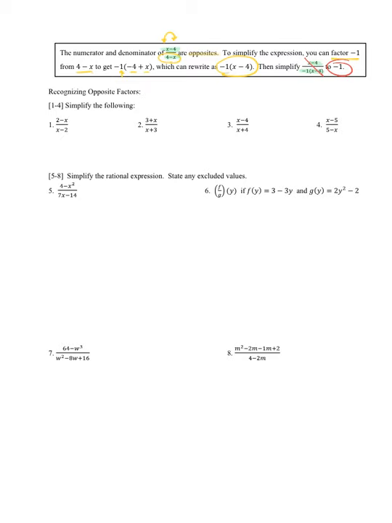So with that said, let's take a look at a few of these. We want to recognize opposite factors, right? So that's what we're first starting with. Can I recognize if something is an opposite factor? So if I take a look at question number 1, I always want to make sure that my variable piece is positive.